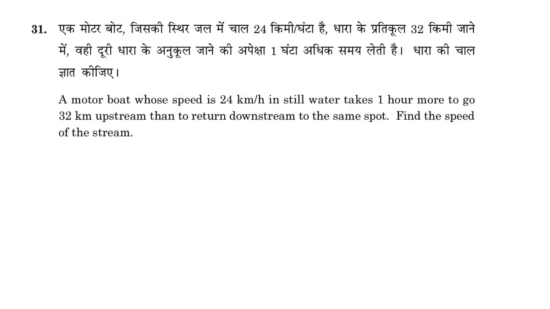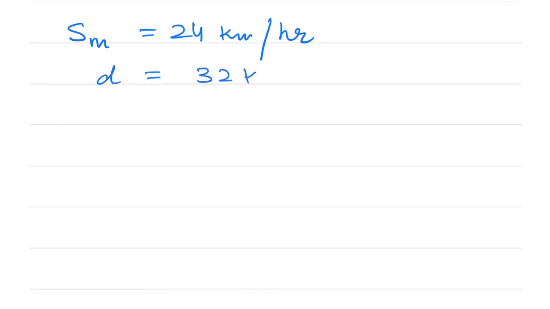Question number 31, last question of this section as well as this question paper. In this question we are given the speed of motorboat in still water is 24 km per hour and distance is equal to 32 kilometers, and we have to find the speed of stream, and we are also given that time to go upstream is more than time to go downstream by 1 hour.